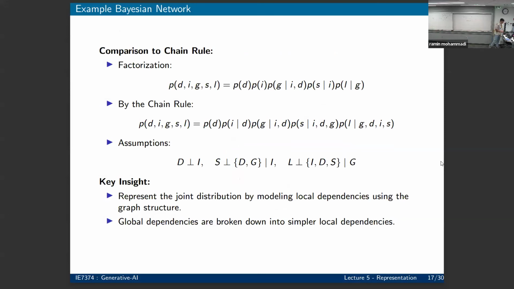That becomes again a comparison between the chain rule on top and the factorization here, assuming this relationship. That is the difference between these two. One of them is just everything depends on everything. The other only depends based on some conditional relationship that we have.